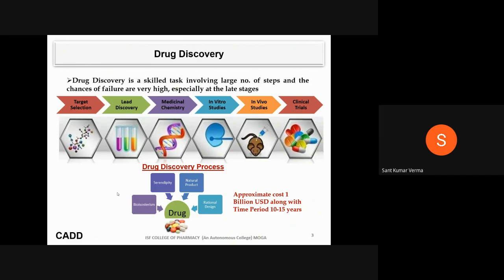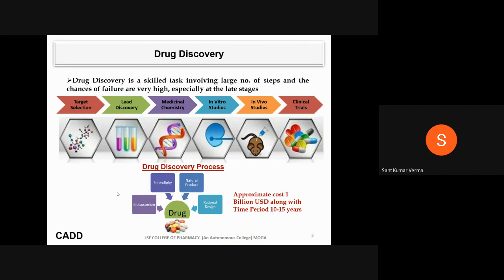Another approach is rational designing of lead molecules using computer aided drug design tools. Medicinal chemistry involves the synthetic aspects of the lead molecule, then in vitro studies, in vivo studies, and finally the drug molecule enters into the clinical trial.